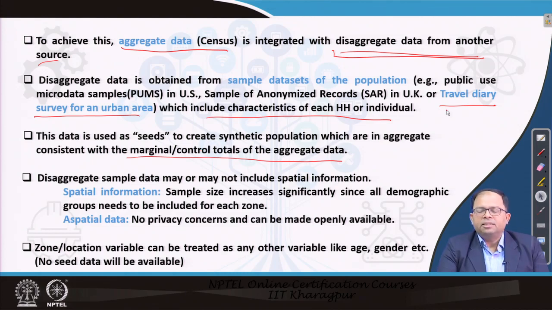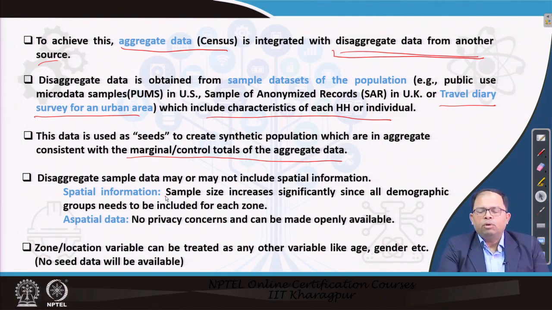If we are collecting a travel diary for a particular city and we don't have to deal with privacy issues, then we have data zone-wise, and we have spatial information.